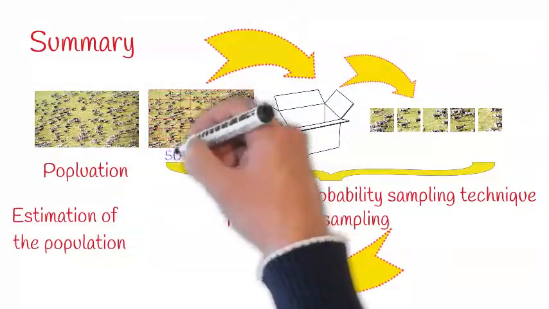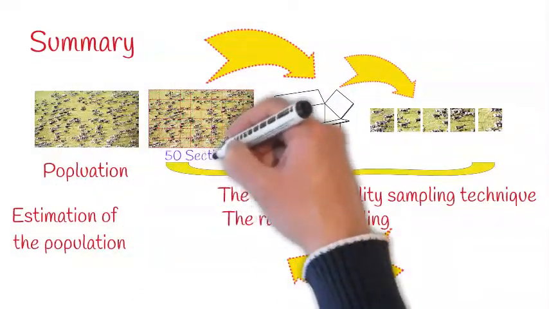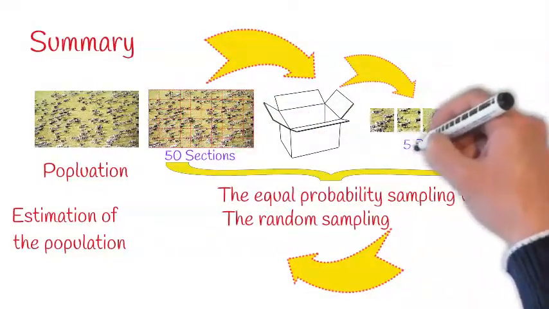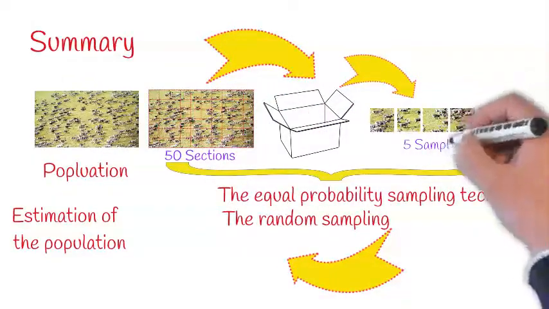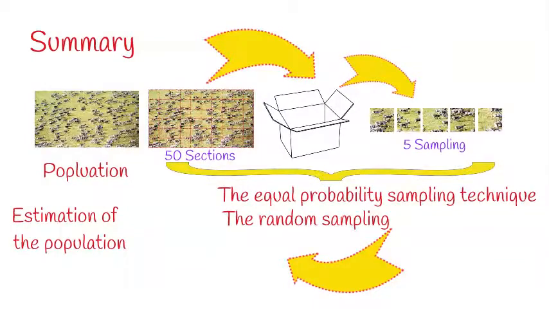Let's say that we divide it into 50 sections and we choose 5 samples from a box. Then we can make a table of the sampling and find the average number per section. From the average number per section, we then calculate the total number of the population.